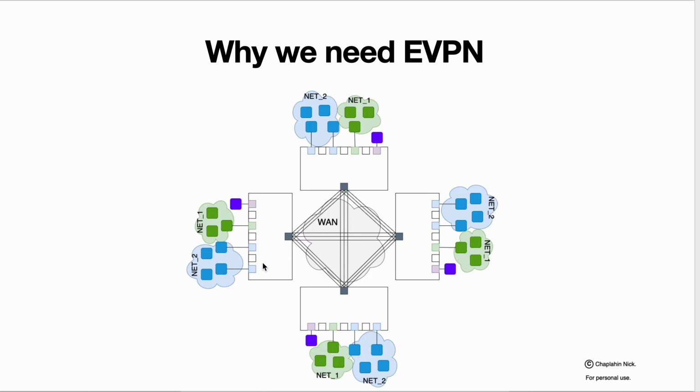Yes, of course, we can create the necessary tunnels, but what if a device from the left needs to send some part of traffic to the device on top, some part of traffic to the device on the bottom, and some part of traffic to the device on the right?